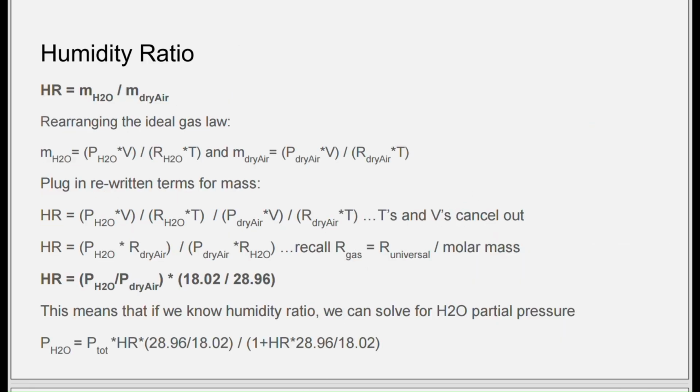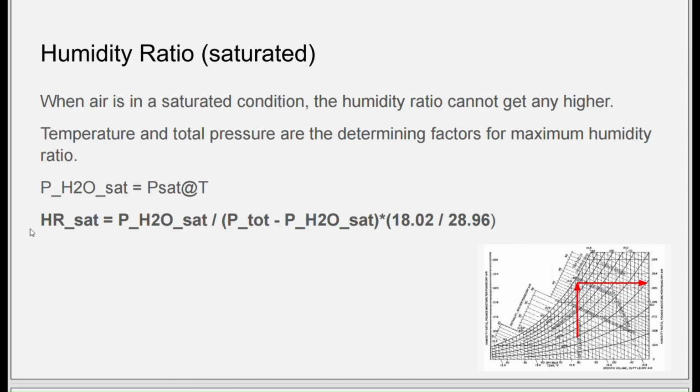This is the same equation that we were just looking at here, but instead of looking at the actual partial pressure, you're plugging in your saturated vapor pressure as a function of the temperature you're at. So you're left with this guy. All this is saying is that if you know your temperature and the total pressure for your air, then you can calculate the maximum amount of humidity ratio that that air could have.